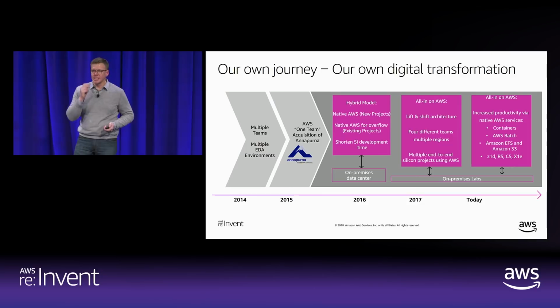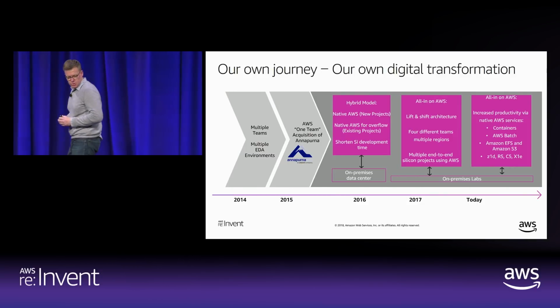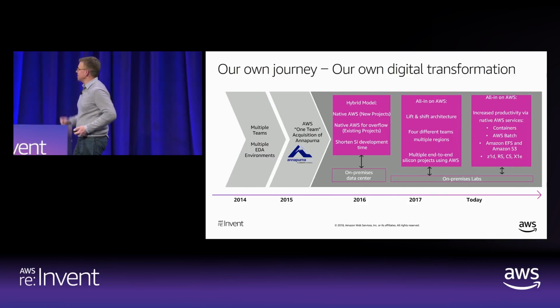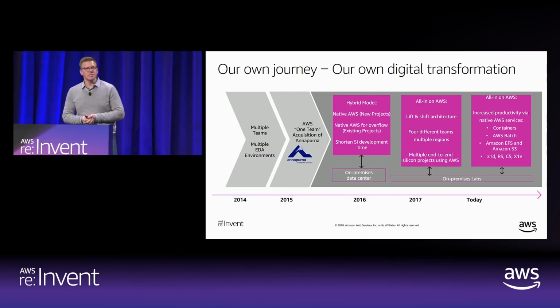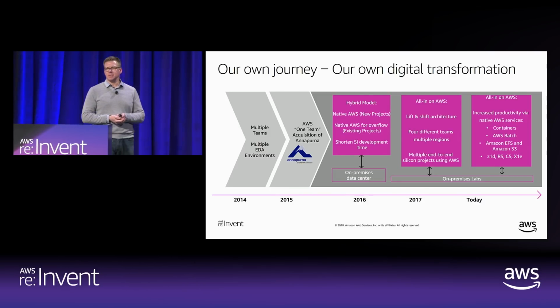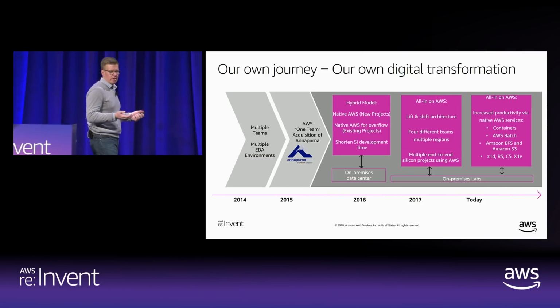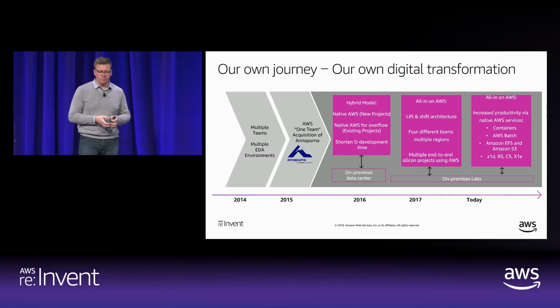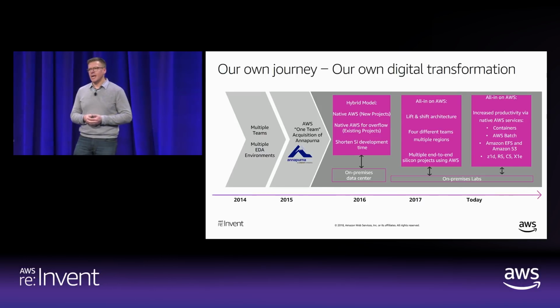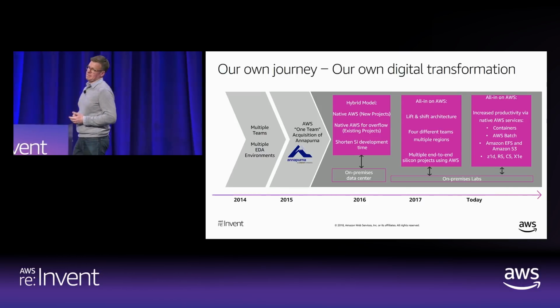So let me talk about our journey and how we got here. Back in 2014, we had multiple teams working on semiconductors, our custom silicon in AWS and Amazon. We acquired a team in Annapurna, and we built one big, great team.